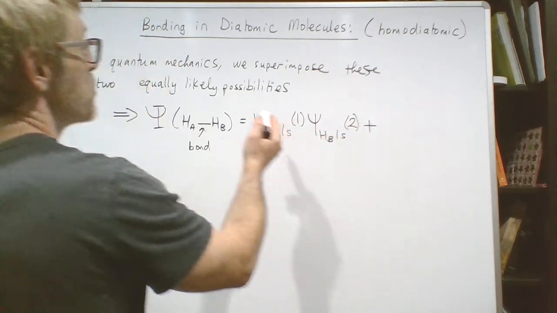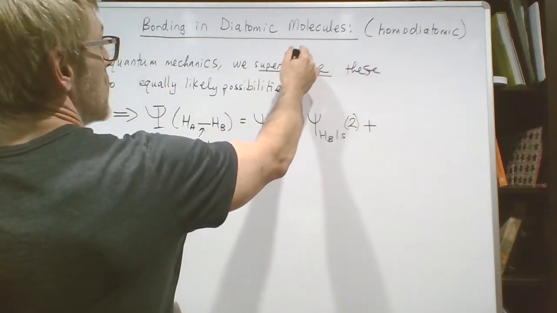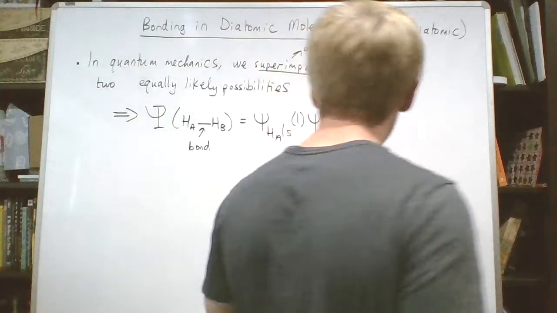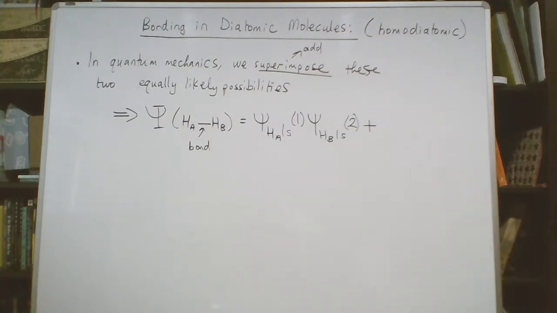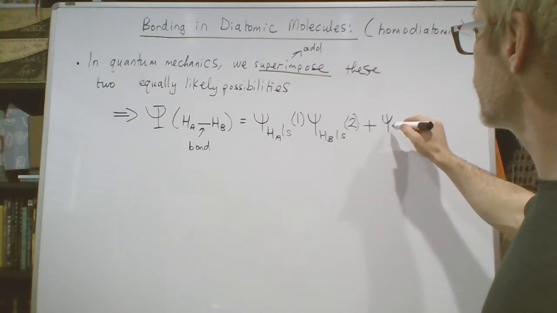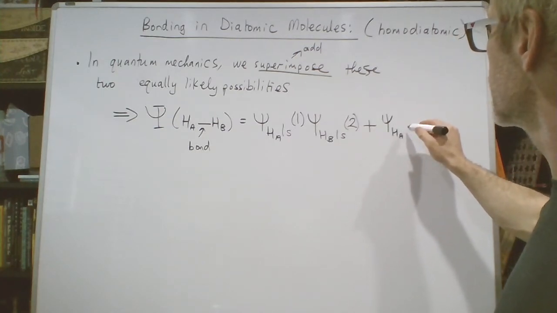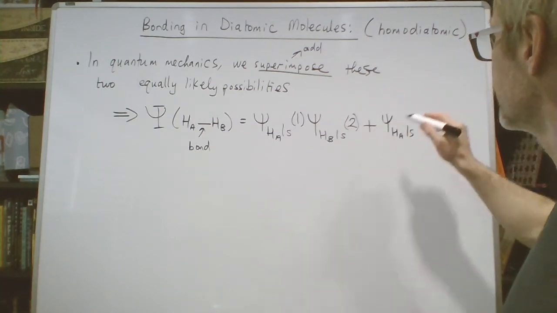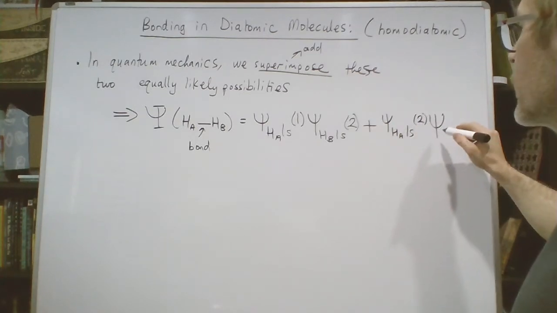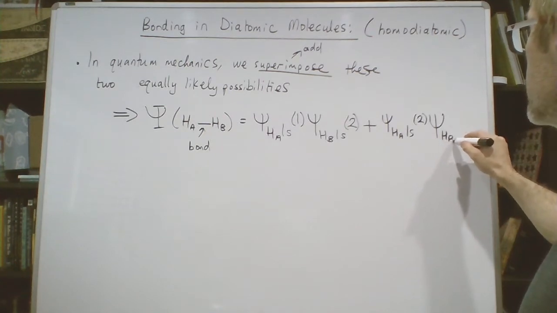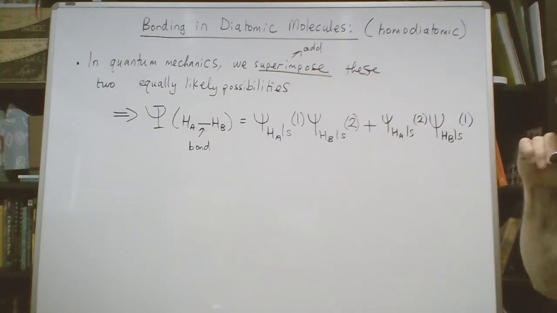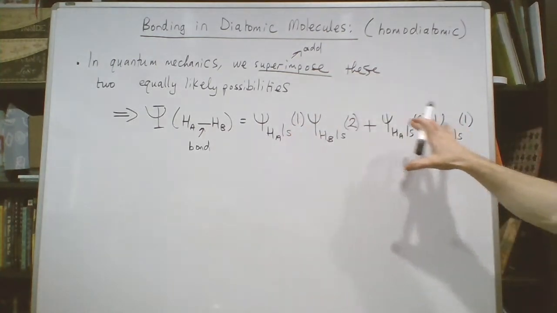And because we're superimposing, we add the opposite possibility, which is that we have the wave function for hydrogen A, its 1s orbital, but now with electron 2, and the wave function for hydrogen B, its 1s orbital, this time with electron 1. So we take the two possibilities and we add them.